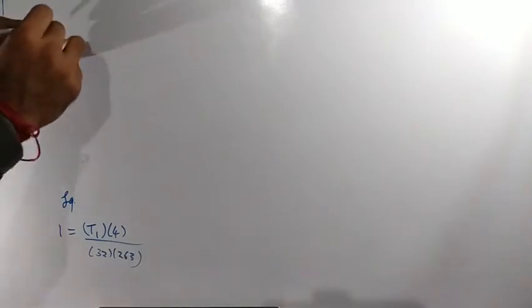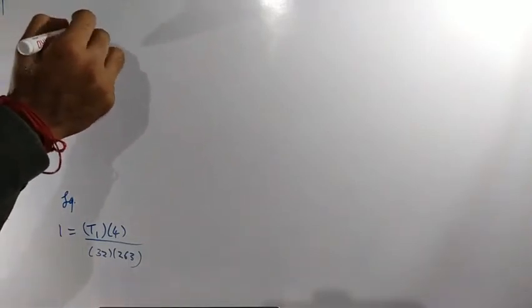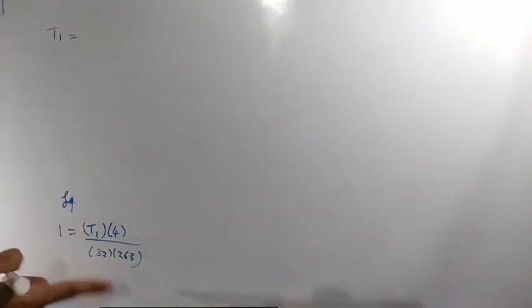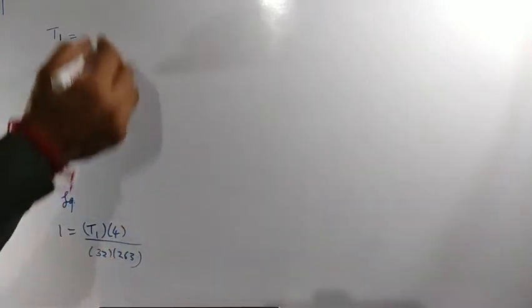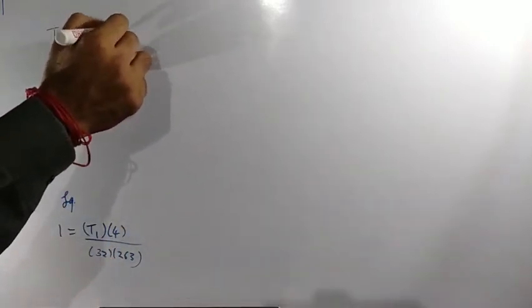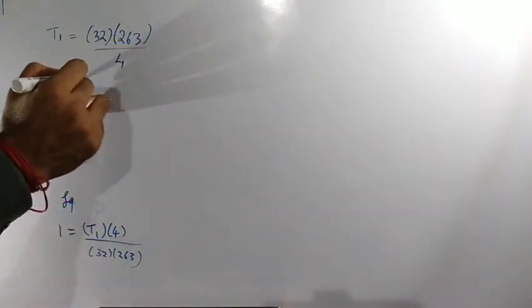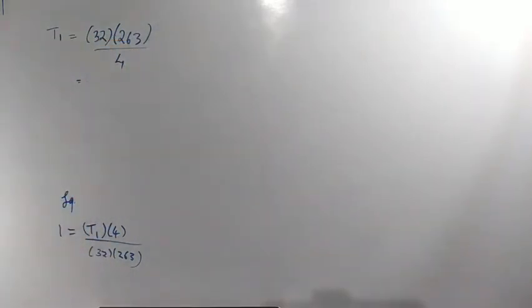Okay. T1 is equal to, if I separate, T1 is equal to 1 into 32 into 263 divided by what? 4. Clear? So if I solve this one, what value are we going to get?